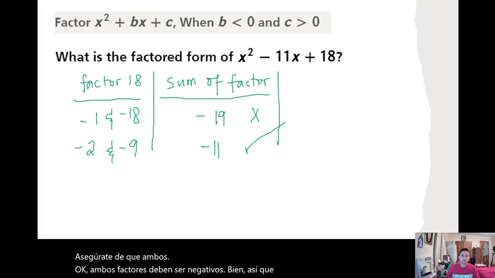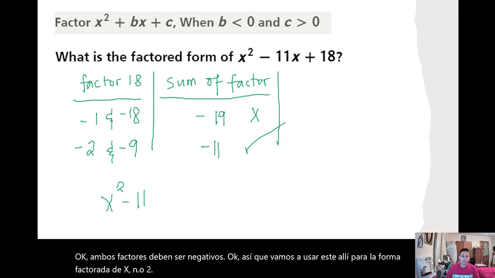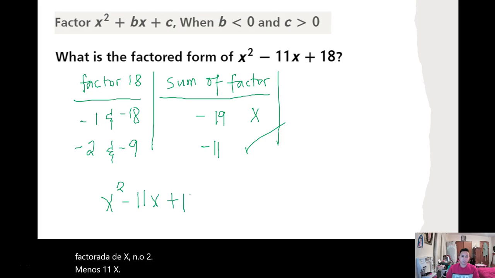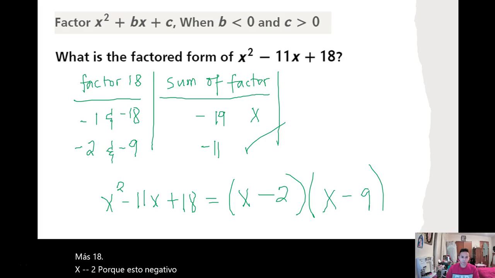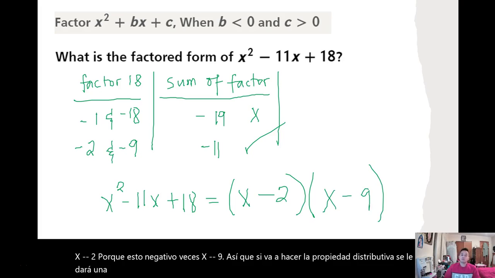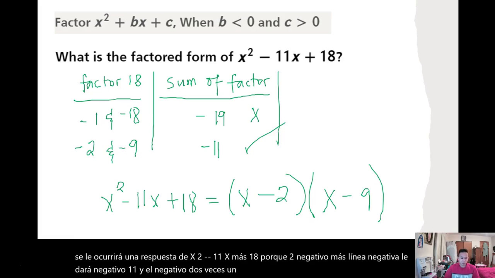Therefore, the factored form of x squared minus 11x plus 18 is x minus 2 times x minus 9. If you do the distributive property, -2 plus -9 gives -11, and -2 times -9 gives positive 18.